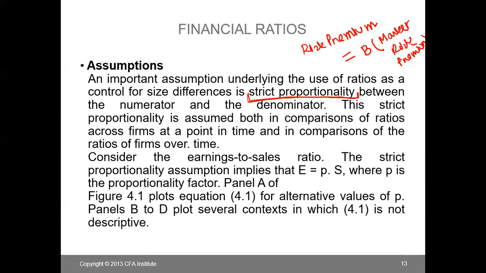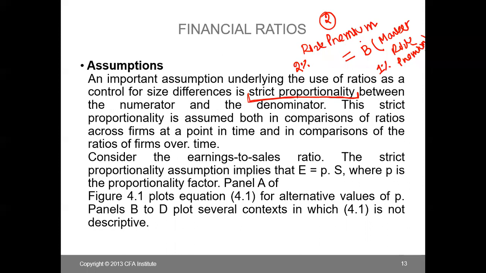So what does proportionality mean? I'm just reiterating the concept because I'll be using it heavily in the coming discussion. If the beta is 2, it indicates that if the market return is 1%, the risk premium should be 2%.